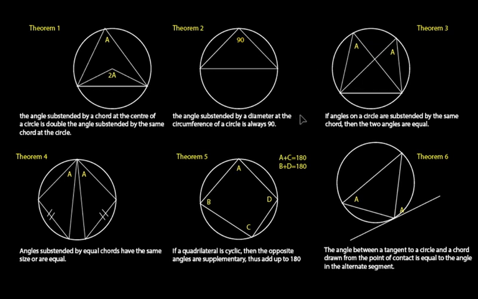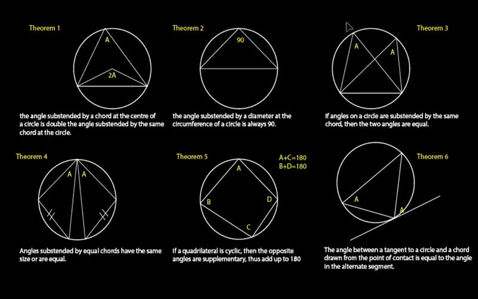Now the third theorem. If angles on a circle are subtended by the same chord, then the two angles are equal. So if the same chord has an angle at the circumference, and the same chord has another angle at the circumference again, then these two angles are equal.